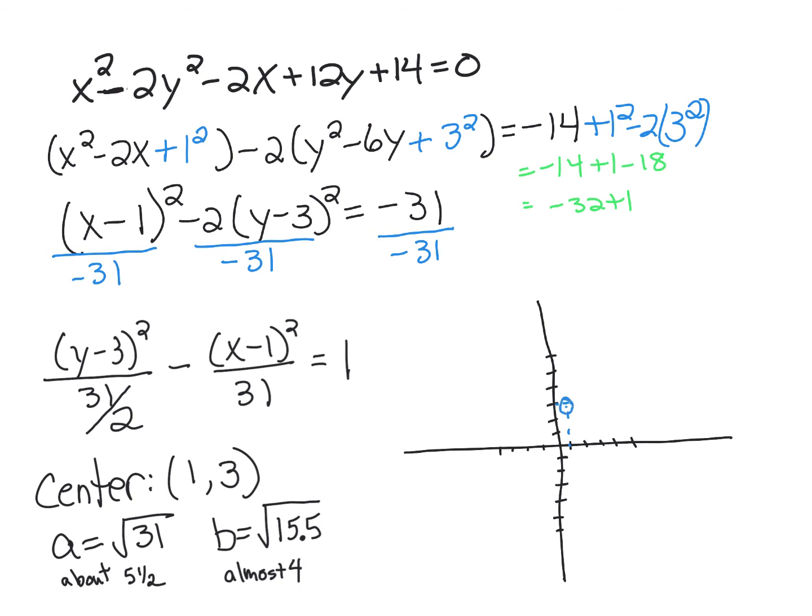Now my radii, in the x direction, I'm going to go about 5.5. So 1, 2, 3, 4, 5, and a half. I'm going to go backwards 1, 2, 3, 4, 5, and a half.